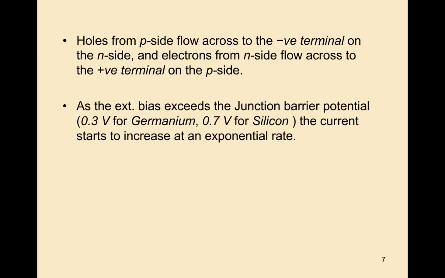That means when we change the battery voltage from 0 to 0.3 volts for germanium and 0.7 volts for silicon, and increase it beyond that, the current starts increasing at an exponential rate in the diode.